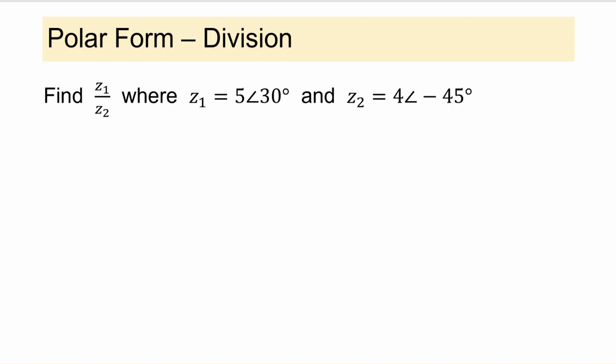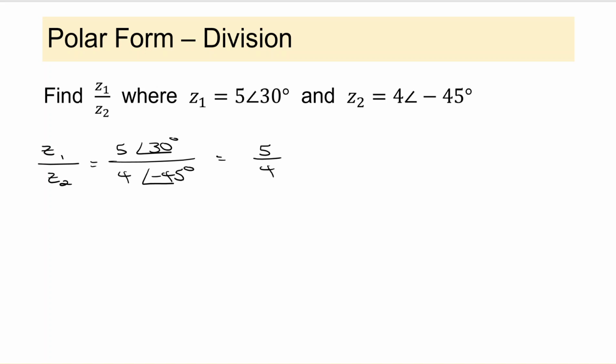So let's do an example here. So same two complex numbers, but now we're going to divide. So Z1 over Z2 equals 5 angle 30 divided by 4 angle negative 45 degrees. So we've got 5 over 4.